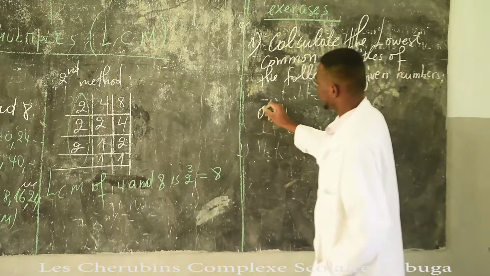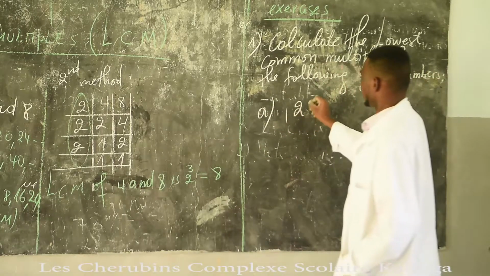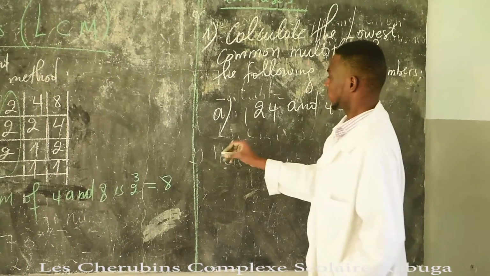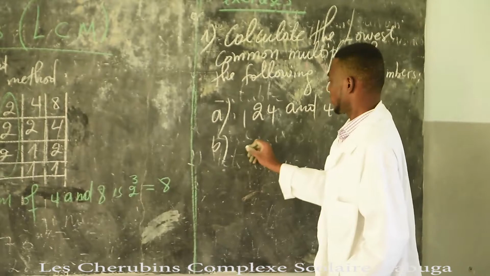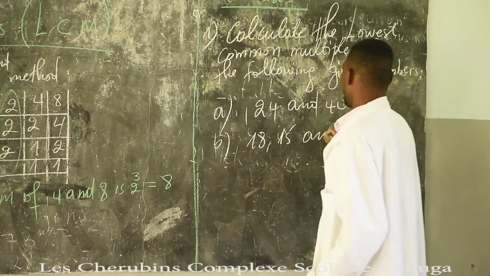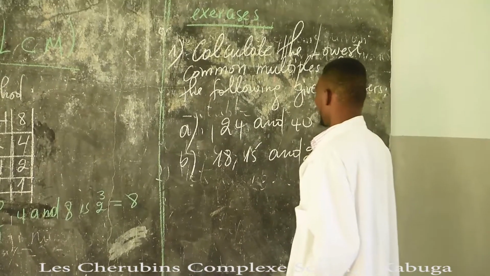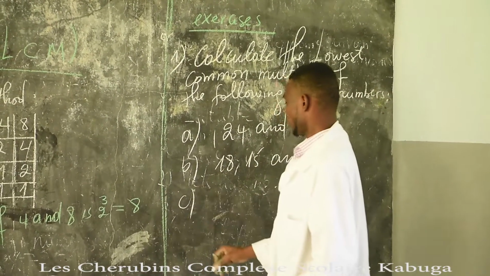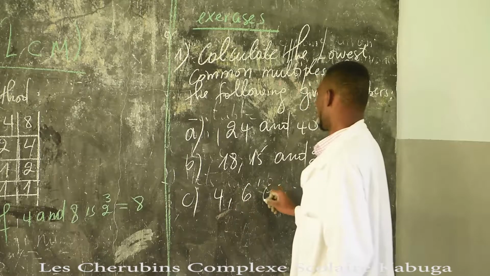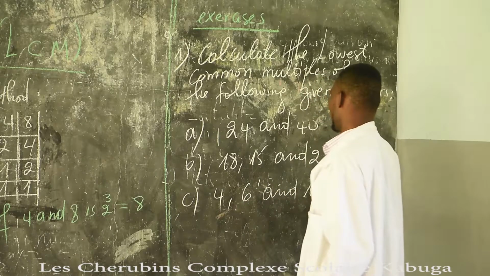A: 24 and 40. B: 18, 15 and 20. C: 3, 4, 6, and 10.